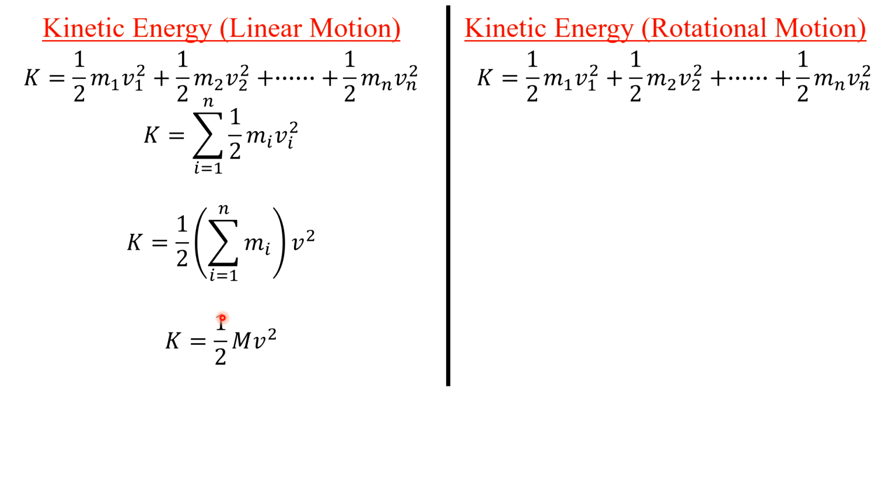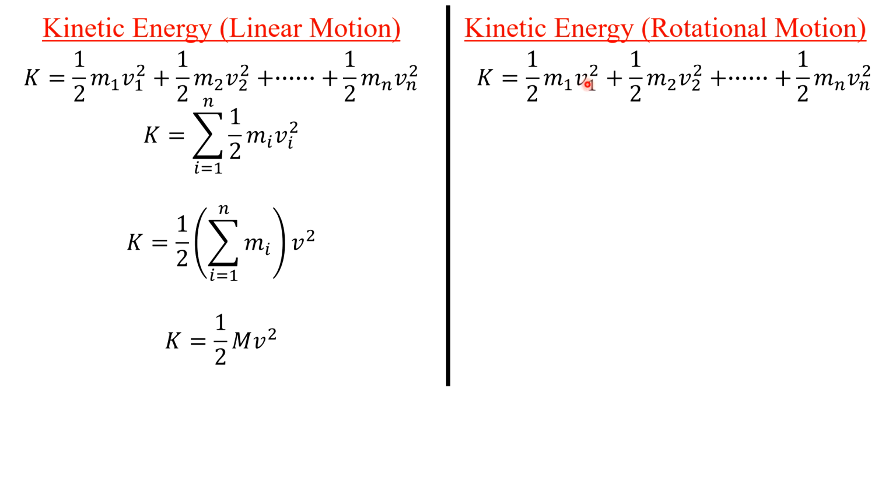Now in case of rotational motion, K will be again the same, 1/2 m1 v1 square plus 1/2 m2 v2 square and so on. Now we know that v is equal to r omega. So vi is equal to ri omega i, but for rotational motion we have same angular velocity.